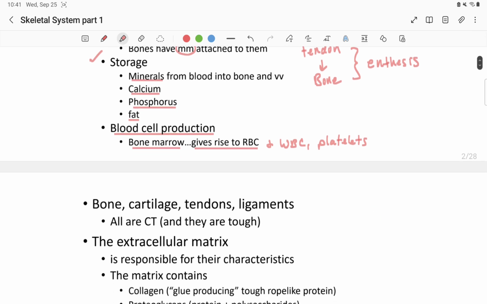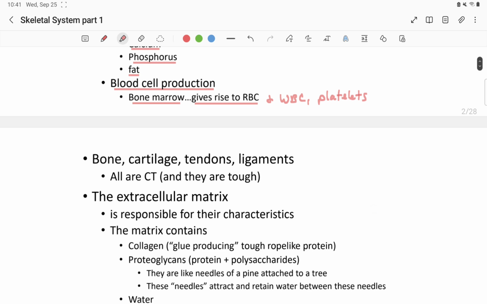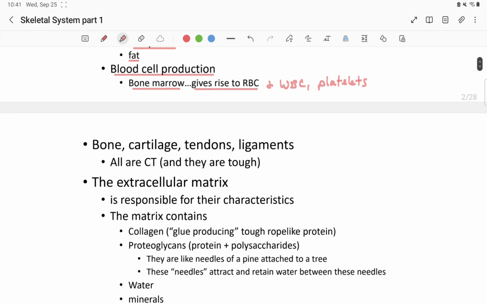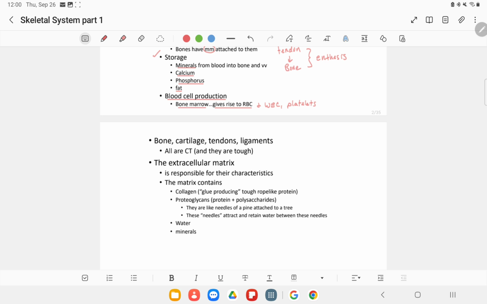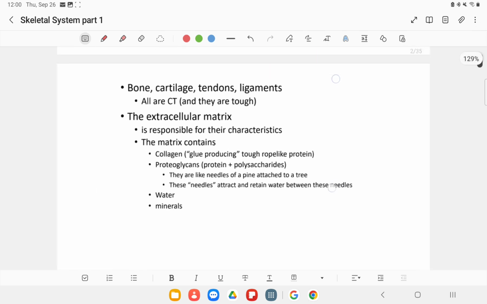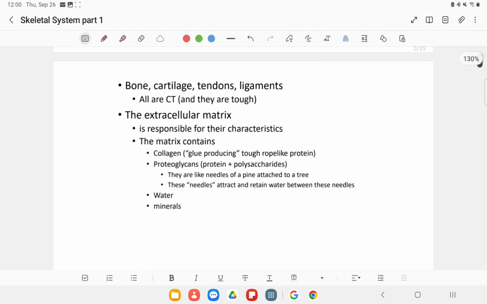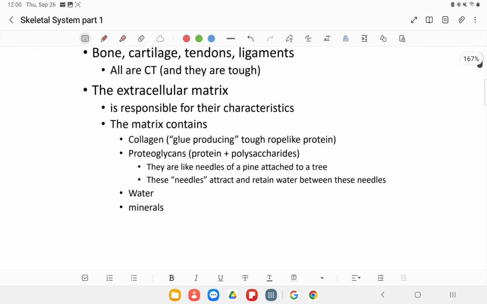Okay, bone, cartilage, tendons, and ligaments are all considered connective tissue. Okay, they are strong and tough. They do have an extracellular matrix. In the extracellular matrix, it's responsible for the integrity of bone.